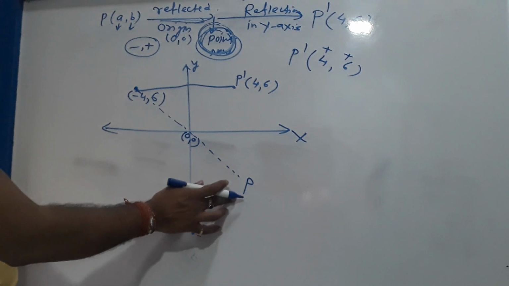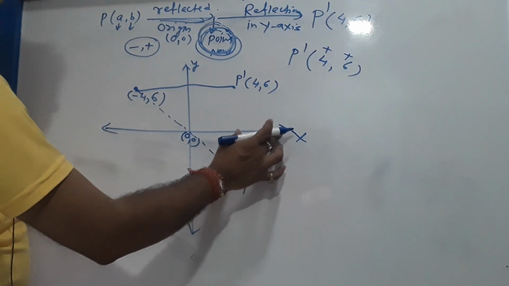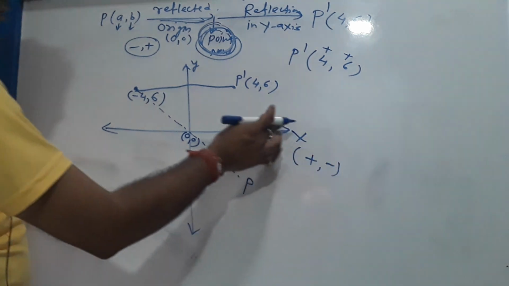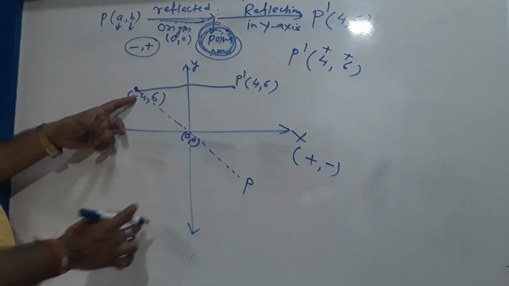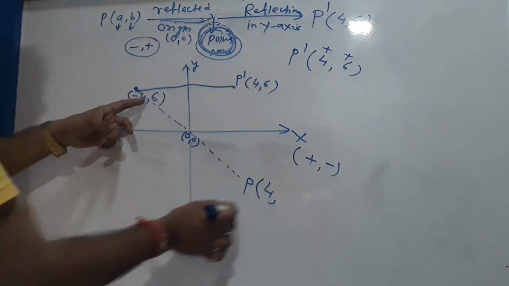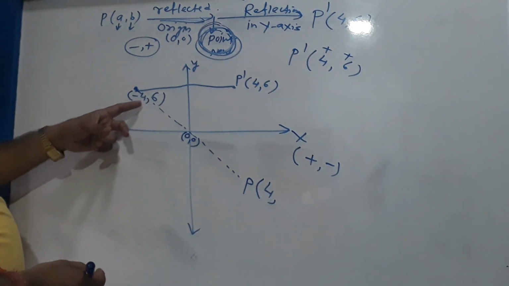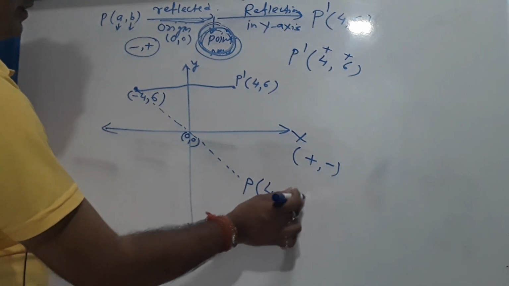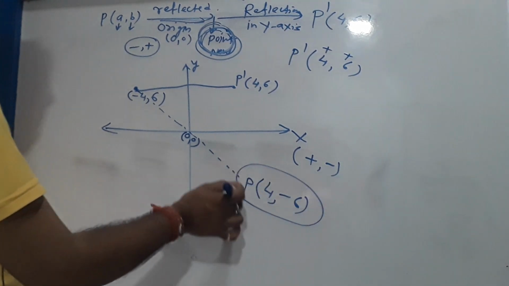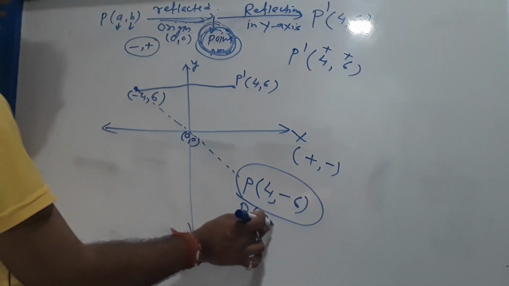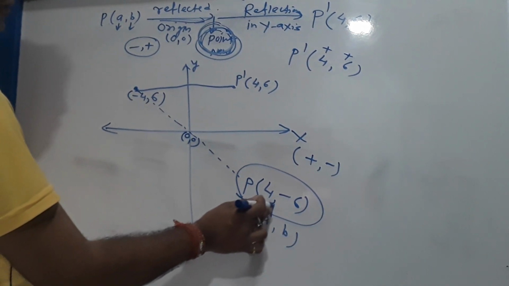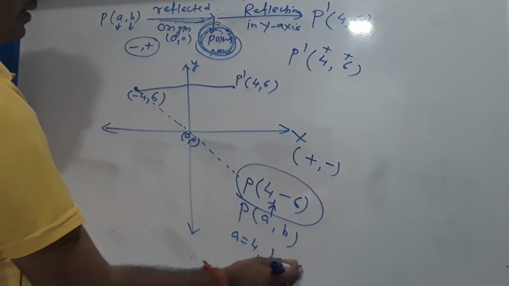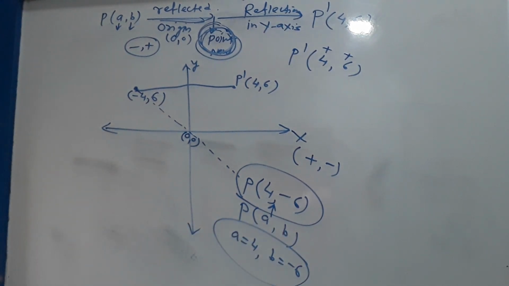It is a point in the fourth quadrant. In the fourth quadrant x is positive, y is negative. So minus 4 will become 4 and y is negative, so 6 will become minus 6. And this is my original point P, whose coordinates are given as (a, b). That means a is 4 and b is minus 6.